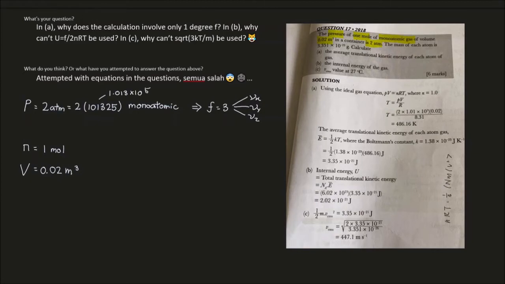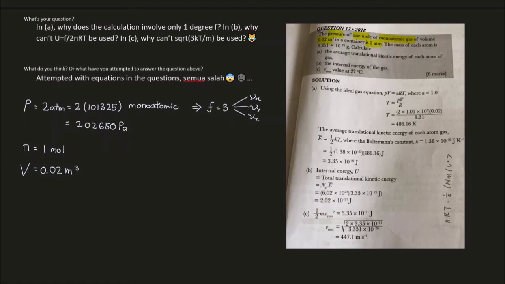I'm not sure, it might be 1.01, but you use what is being written in your constant sheet. So you have to check it out yourself. So this answer will be 202650 Pascal.